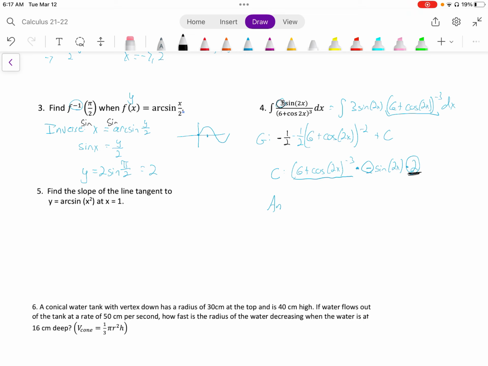We need the 3, so we're going to multiply by 3. And I think that should do it. So it looks like what we end up with, we'll put our answer at the bottom in our simplified form. This will be negative 3 over 4, 6 plus cosine of 2x to the negative 2 plus c.